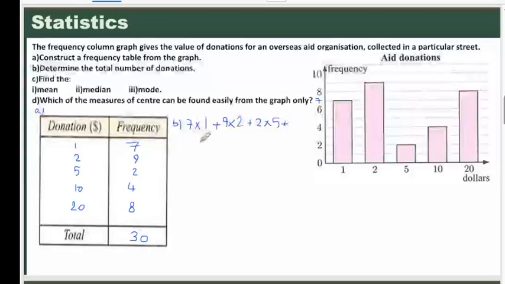plus we get 4 times $10, so 4 times 10, and 8 times we got $20, 8 times 20.